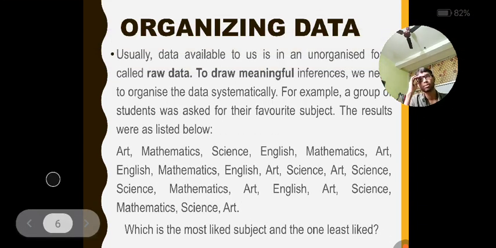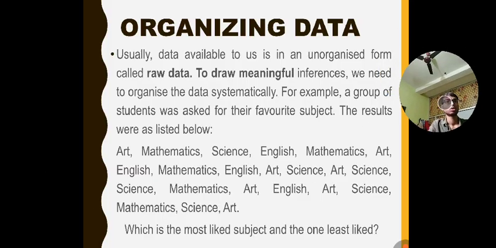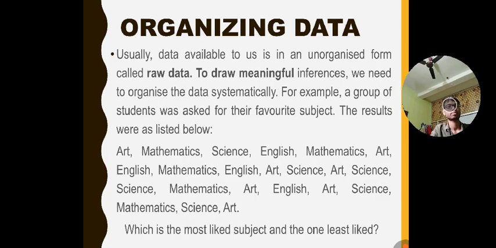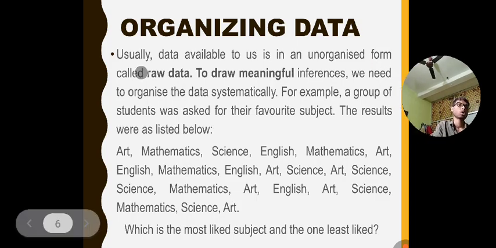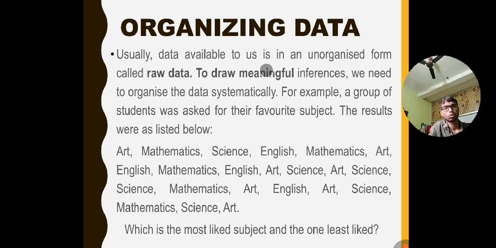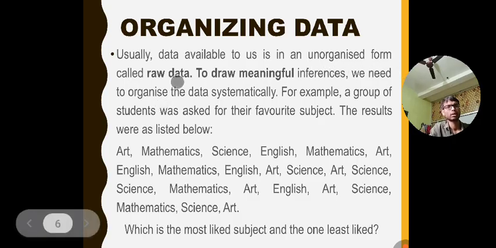Now next we have organizing data. Usually data available to us is in an unorganized form called raw data. To draw meaningful inference, we need to organize the data systematically.